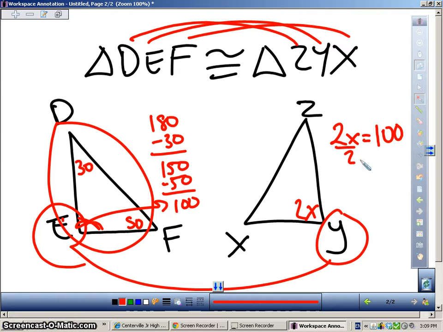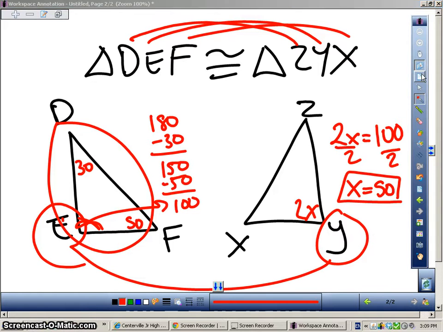I would divide by 2, and x would equal 50. So we should be far enough along where that's not too much of an issue for you. It's just a different way of looking at shapes and how to solve when you've got two different shapes there.